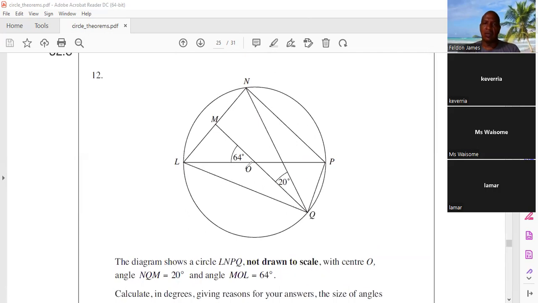So going from O, L to Q. Let me just use a line to highlight what they're asking for. I remember that when you're doing angles and they're describing it using three letters, the angle is formed at the middle letter. So wherever the middle letter is, that's where the angle is.